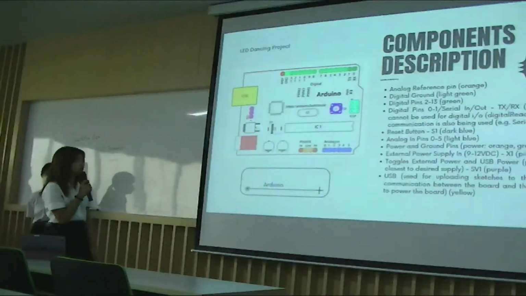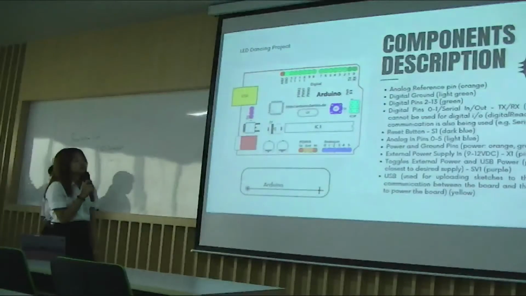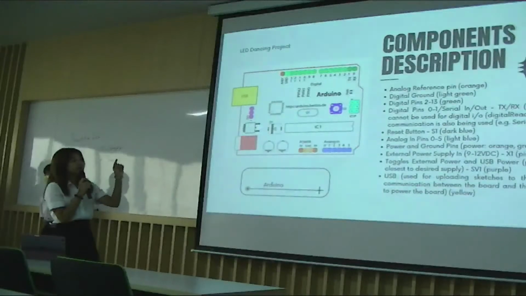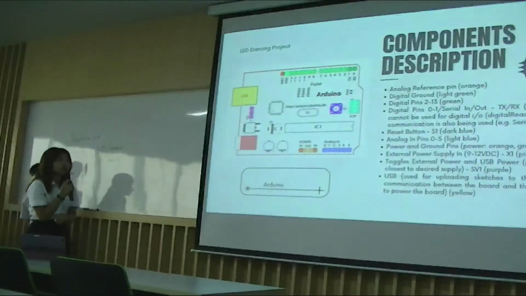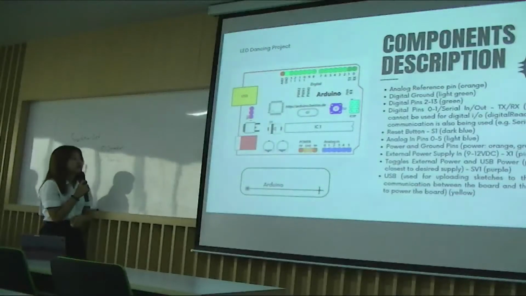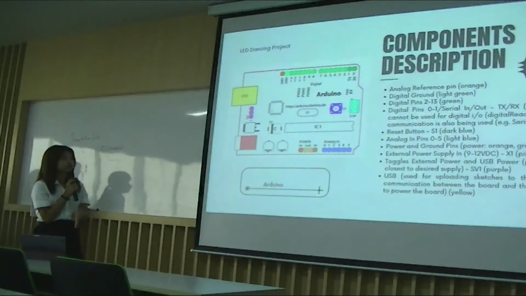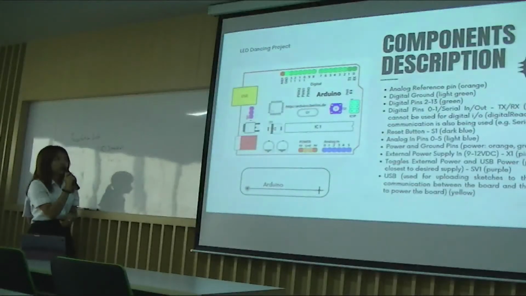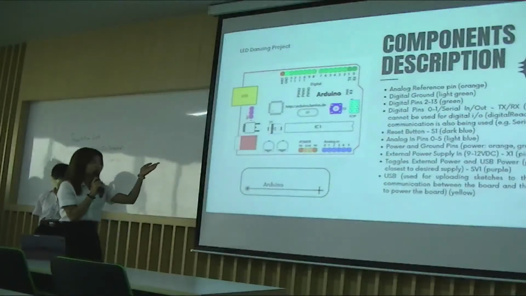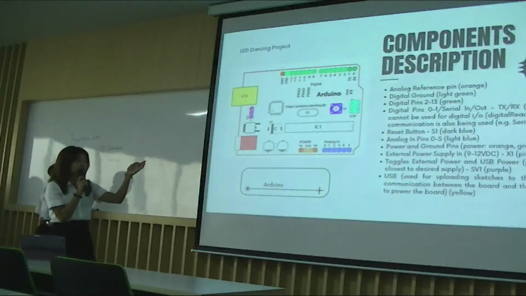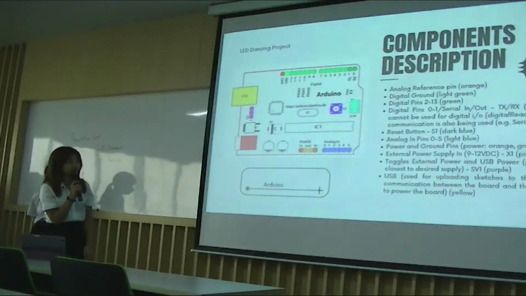After that you can see green dots from number 2 to 13, called digital pins. After that, there are 2 dark green pins, which are serial input and output. Below that, there is the blue reset button, and beside it, there is light blue, the analog pin.